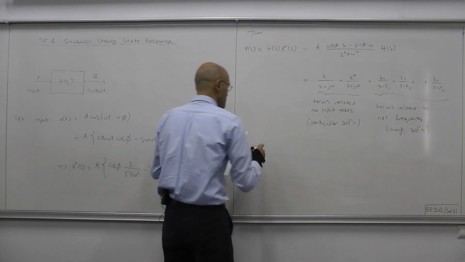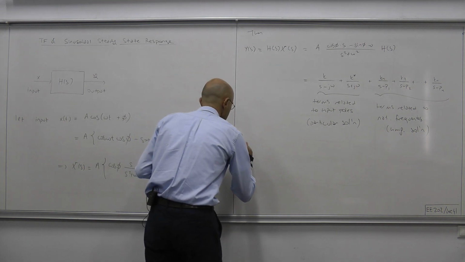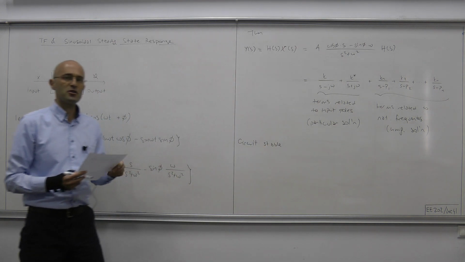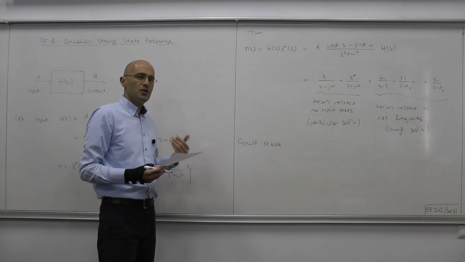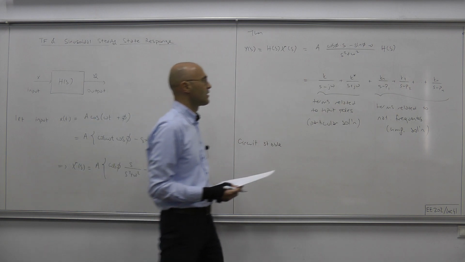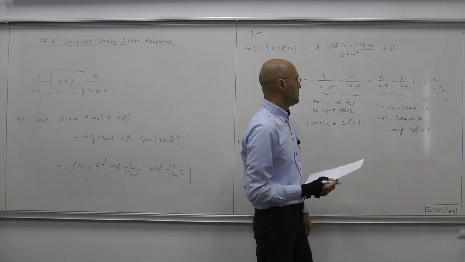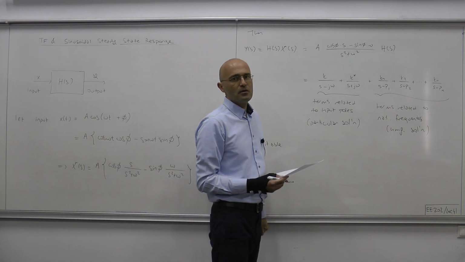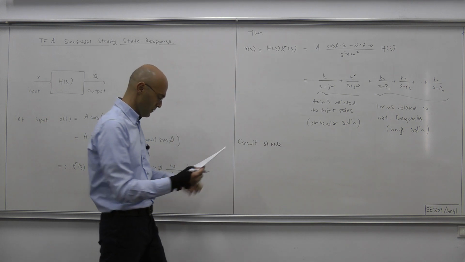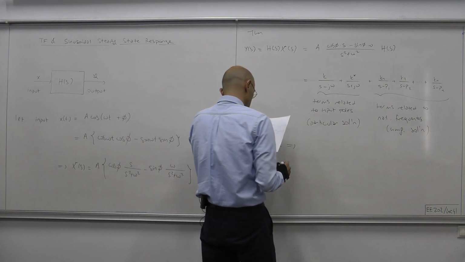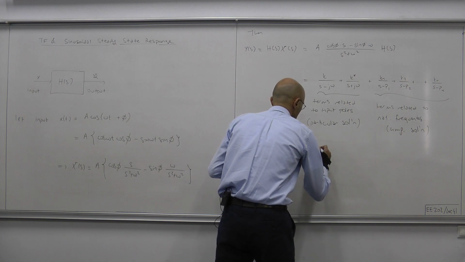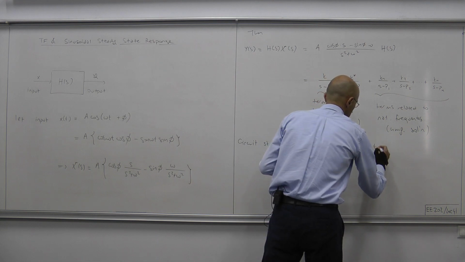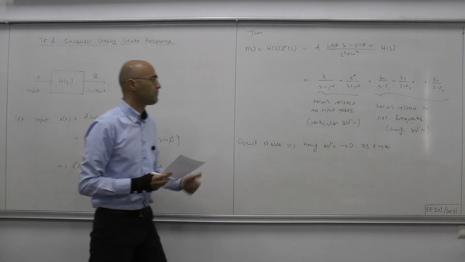If the circuit is stable, that means all the natural frequencies have strictly negative real parts. The terms due to the natural frequencies, the homogeneous solution, will decay to 0 as t goes to infinity. A stable circuit implies that the homogeneous solution goes to 0 as t goes to infinity.